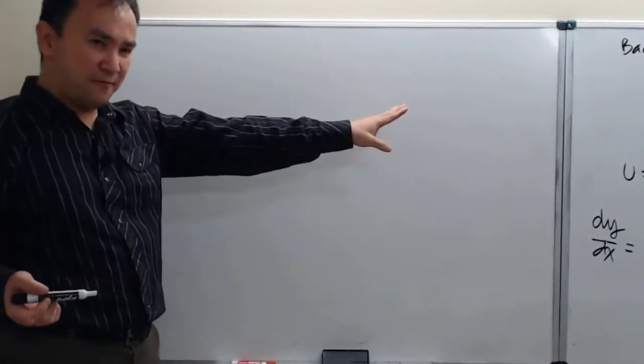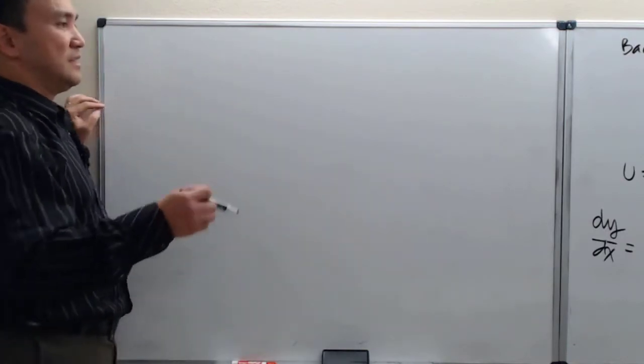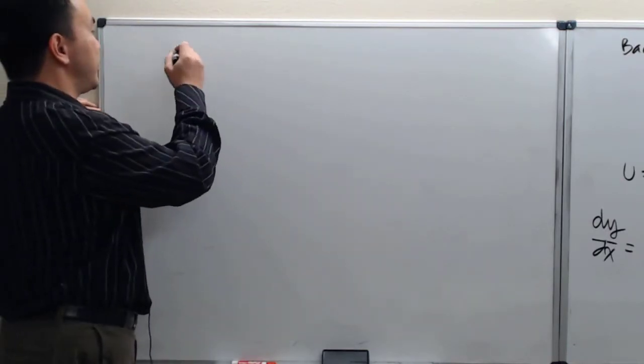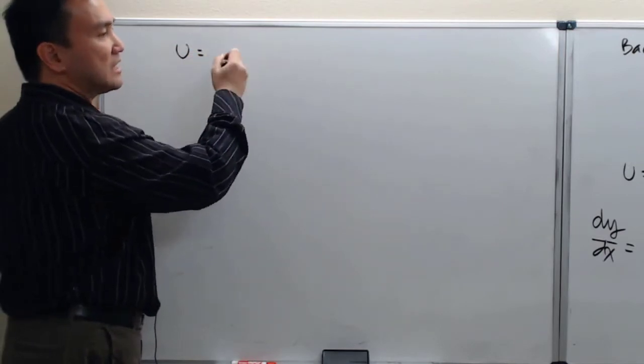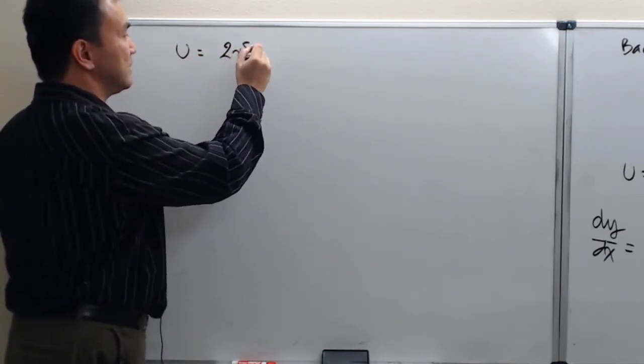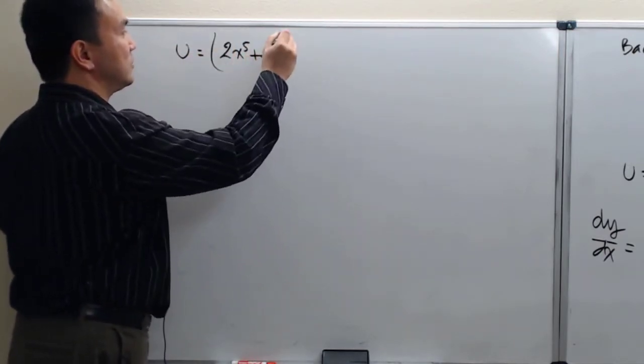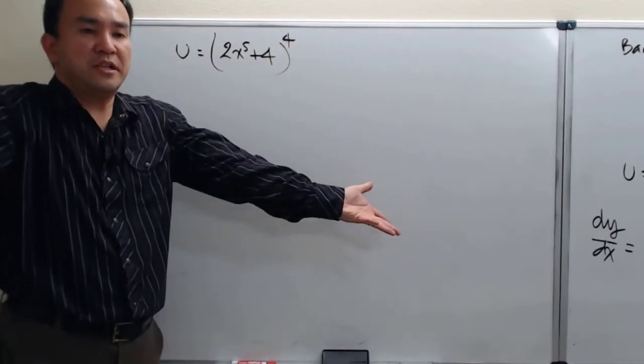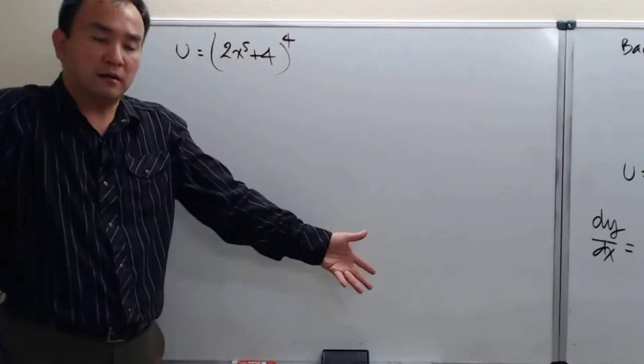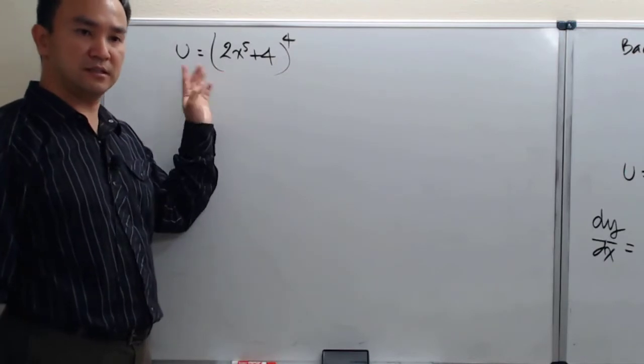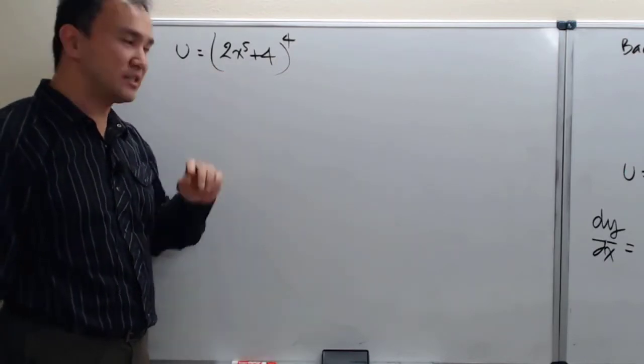So the same function, now I switch board, but the same function. I could have chosen u to equal the entire 2x to the 5th plus 4 to the 4th power. Who's telling me that I'm wrong? No one. There's no judgment about how you choose your inside.